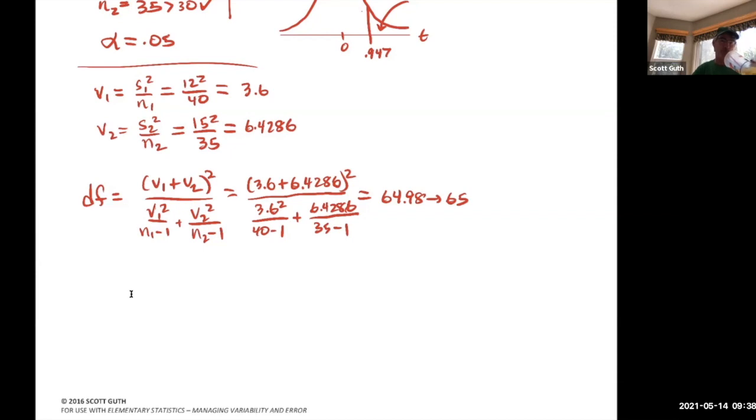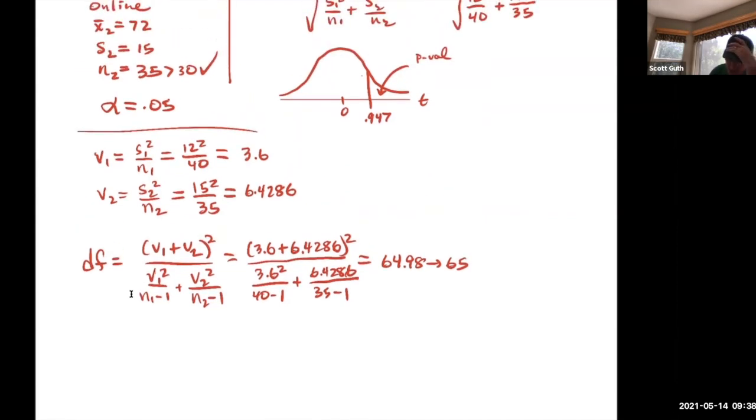I got 64.977. Yes, so we're together on that. Good. Professor, I got 976, so I just rounded it off wrong. No, you're fine. Let's let it go. That's going to be rounding in the V1 or the V2, so that's fine. So we're going to say 65 degrees of freedom there.